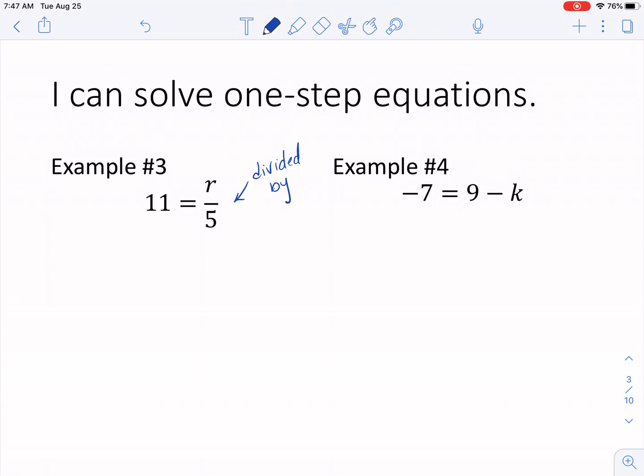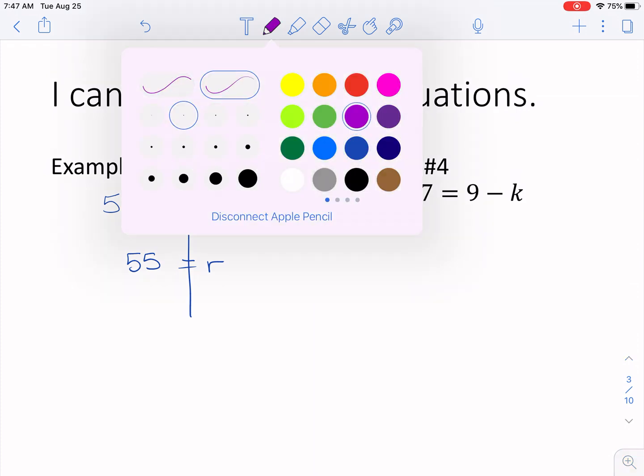So once I know it's just another way to write division, what's the opposite of dividing by 5? You're right, times by 5. So I'm going to use my dot for my times. My 5's divide out. I'm left with r. 5 times 11 is 55. Okay? Example 4.